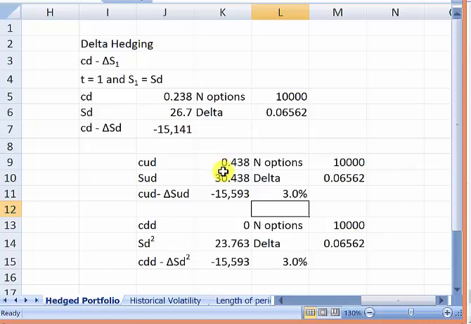That's for the down-up state. And in the down-down state, the call is out of the money. The stock has declined to $23.763. Delta is the same, still 0.06.